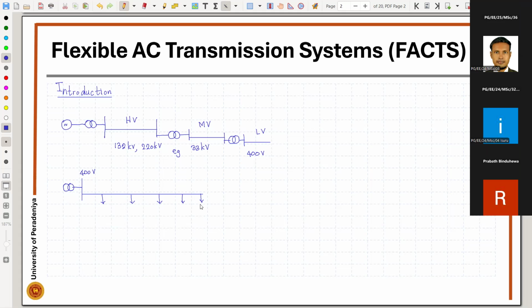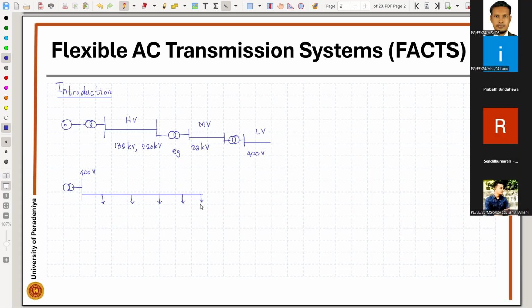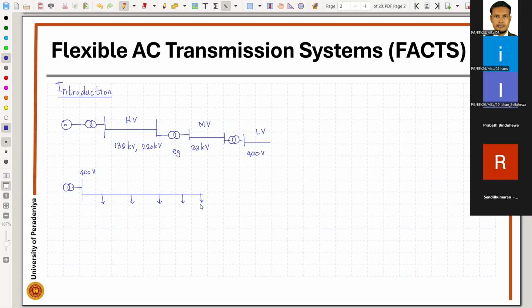Okay, there are responses. Can you raise your hand if you have got electricity connection at your home? Oh, very good response.